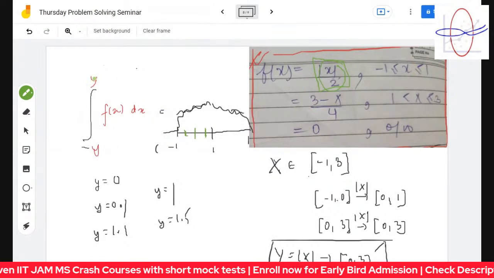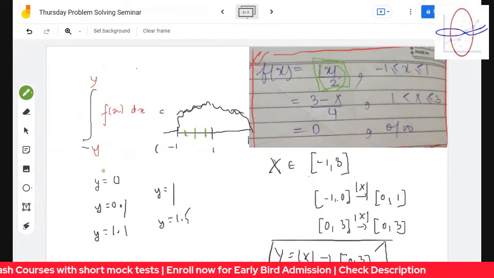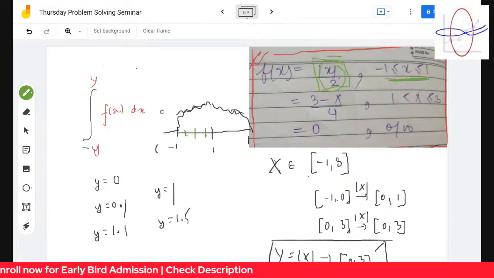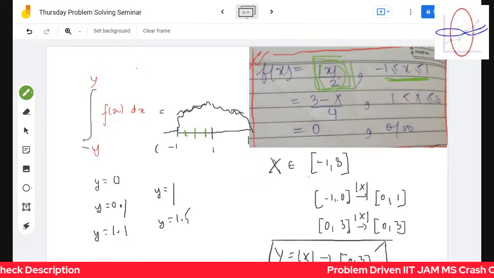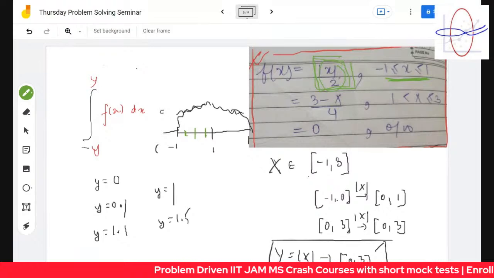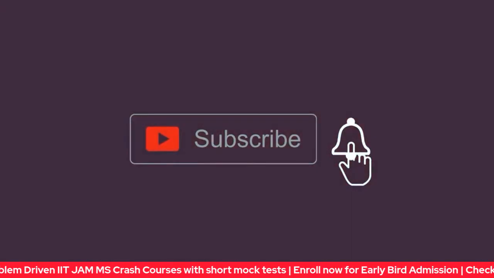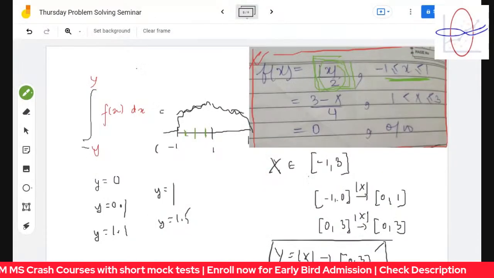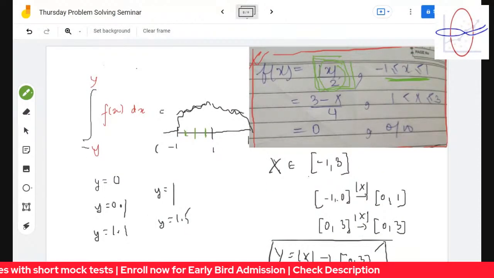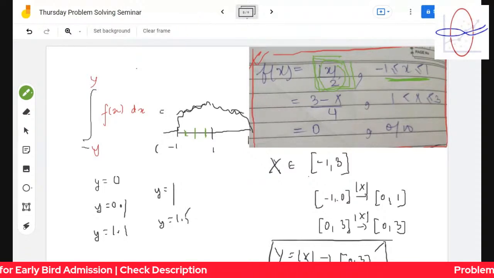If the limit y is less than 1, then it is in this region, right? That means f(x) will follow this. Did you understand this simple idea, guys? This is super important. Everything clear? It's super important, and that's why I'm telling you again.